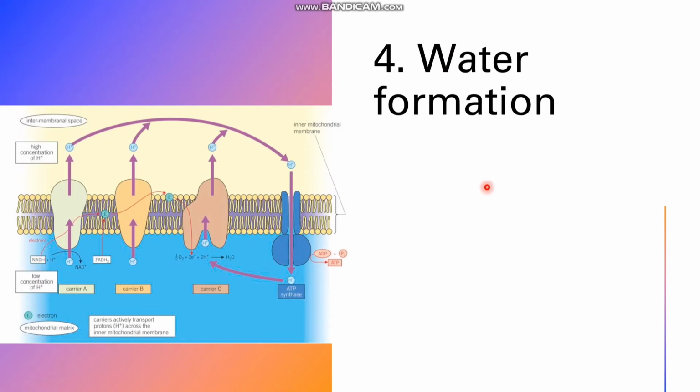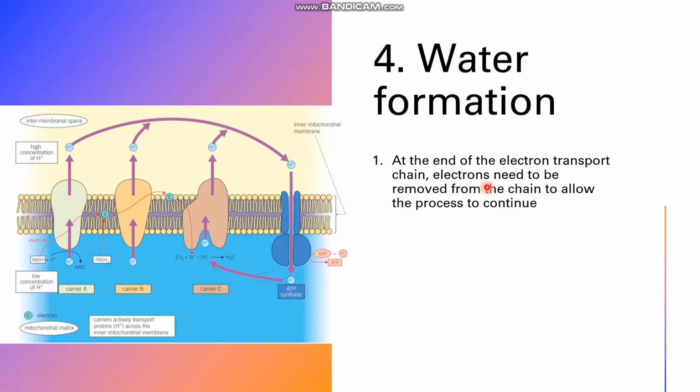And the final stage is water formation. So at the end of the electron transport chain, we've moved our electrons down this chain, and they've released their energy, allowing the active transport of H+ ions that have now diffused back down their concentration gradient, allowing for the formation of ATP. But as these electrons have now reached the end of the electron transport chain, they need to be removed.